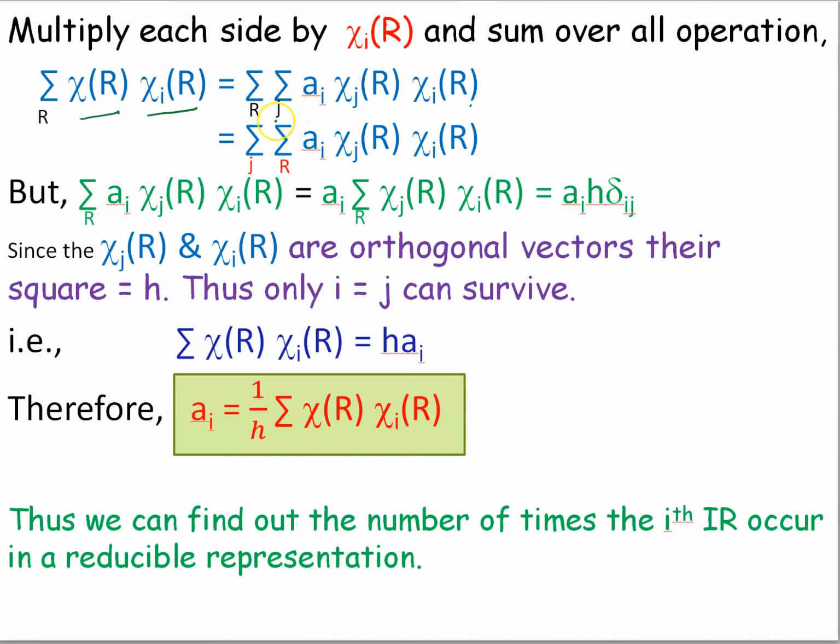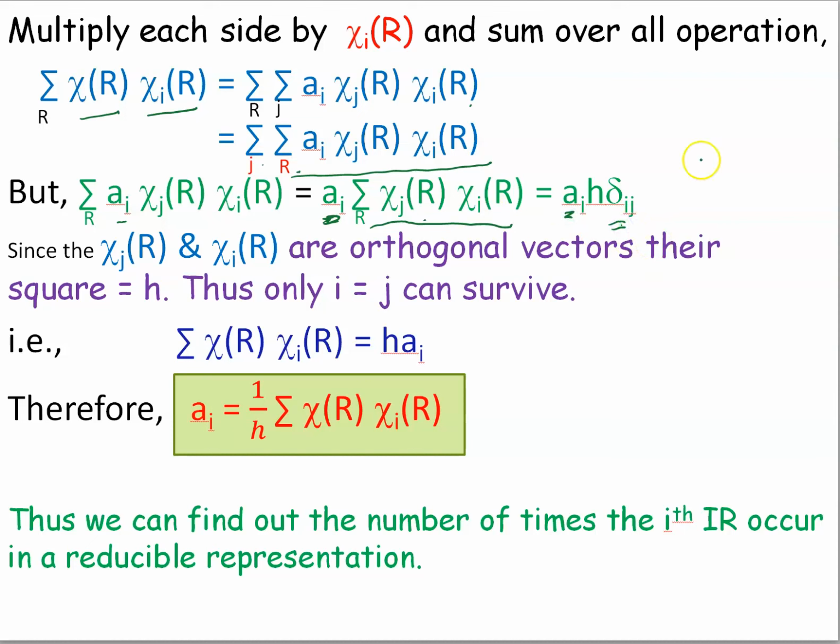So we can write sigma j first, then sigma R a_j into chi_j R into chi_i R. Take this part. We can take a_j outside, so a_j outside sigma R chi_j R chi_i R. Can you remember this equation? This is the great orthogonality theorem and this is equal to h delta ij. a_j is already here. It is equal to h into delta ij.